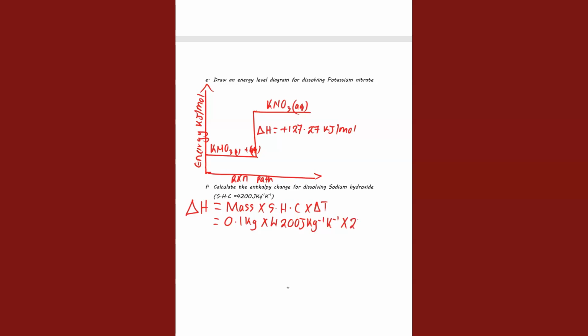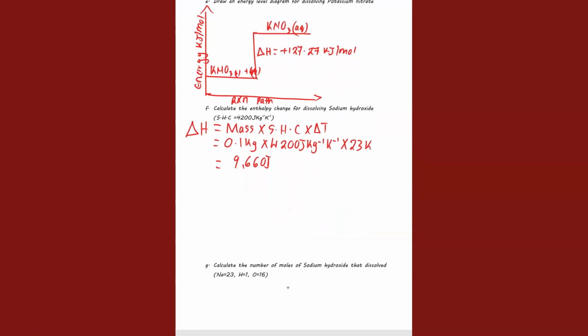Temperature increased by 23 kelvins. So when we do the multiplication, we get 9,660 joules. And we can convert these joules into kilojoules, and this will be equivalent to 9.66 kilojoules.